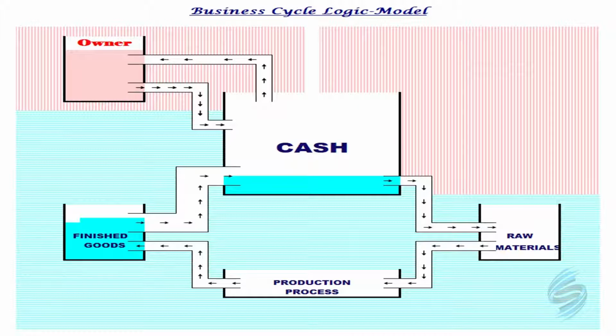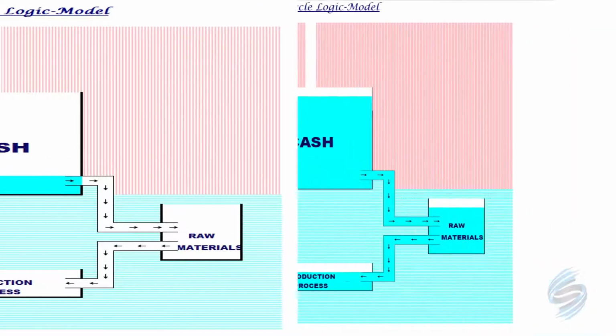Now, what does that mean? That means that the cash is going to be caught up in another reservoir. And in this model, we depict that reservoir in this spot here.